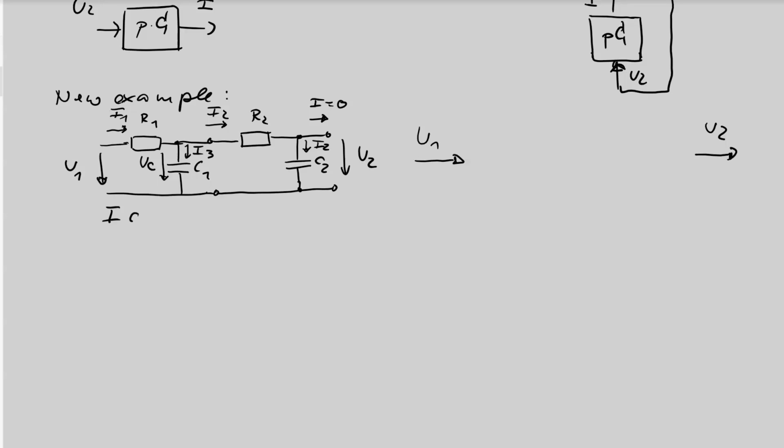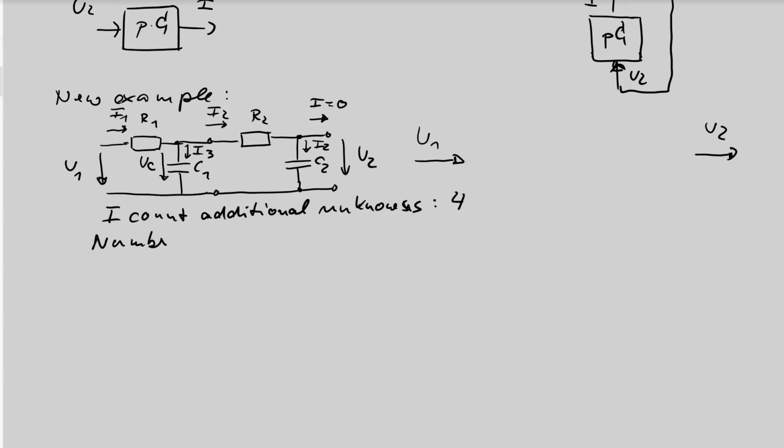Now I count additional unknowns. This is I1 number 1, UC number 2, I3 number 3, I2 number 4, and the rest is input output. So we have 4 additional unknowns.